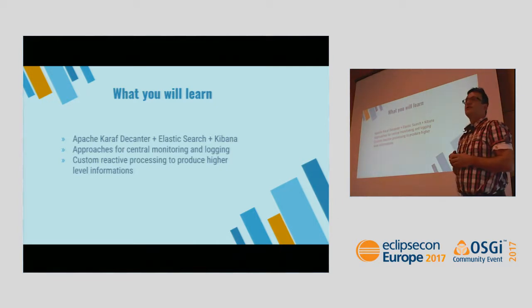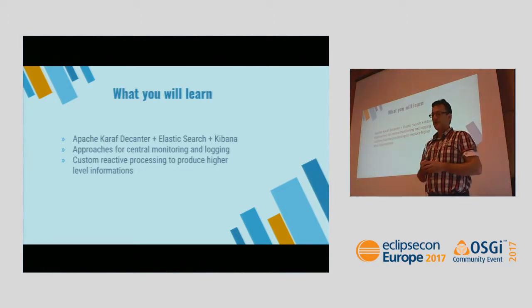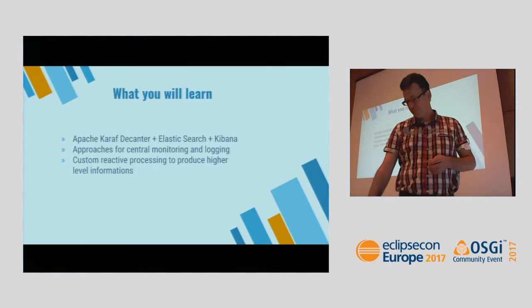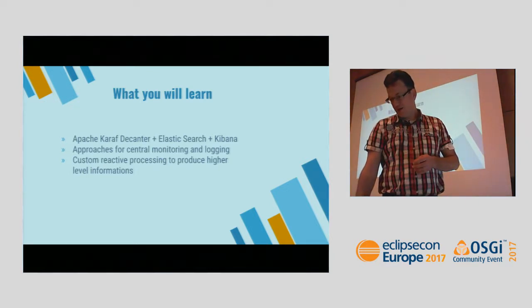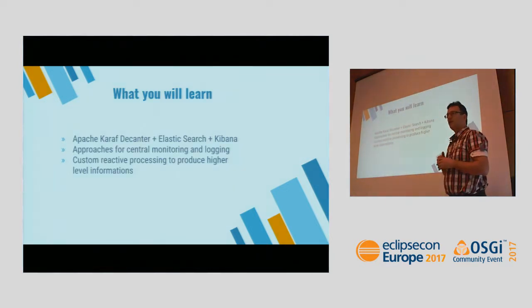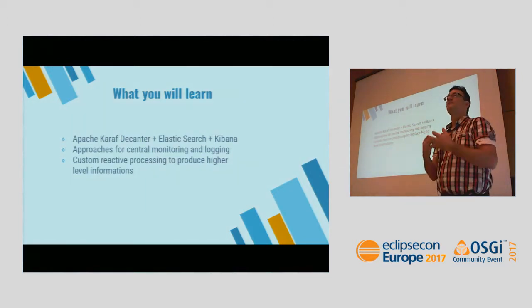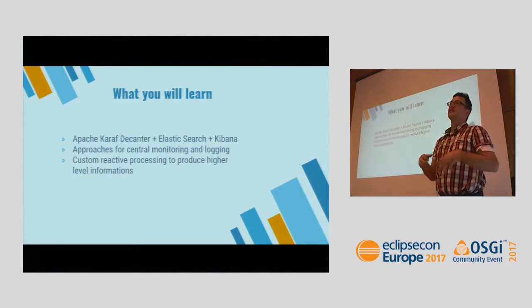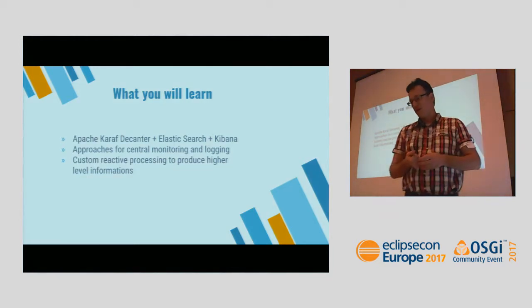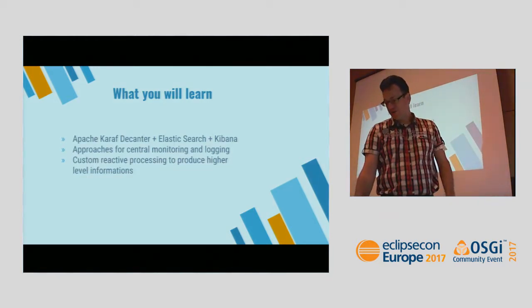I'm also showing approaches for central monitoring and logging when you have a bigger setup of systems. And in the end, I'm looking into reactive streams and how they can be used to refine your information, get higher level information whenever your logging framework is not enough.